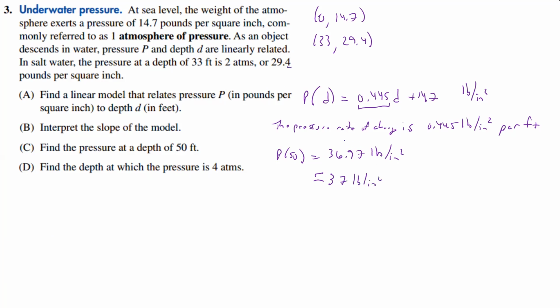All right, so then the last one, find the depth when the pressure is 4 atmospheres. Well, two atmospheres is 29.4, so four is going to be two times that. So we're going to have two times 29.4 is equal to 0.445D plus 14.7.